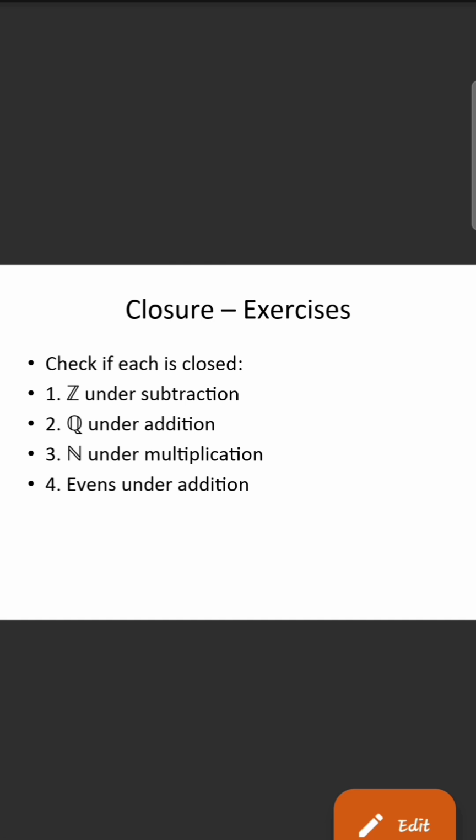If you multiply two natural numbers together, will you still get a result that is a natural number? If you get that, that means it is closed. For rational numbers, that is fractions, when you add two fractions together, you still get a fraction in all cases.